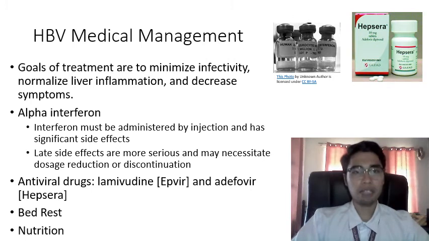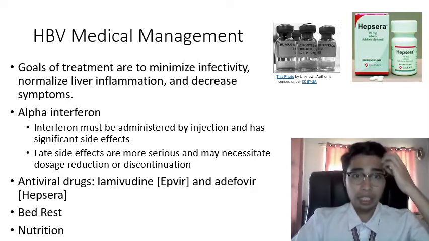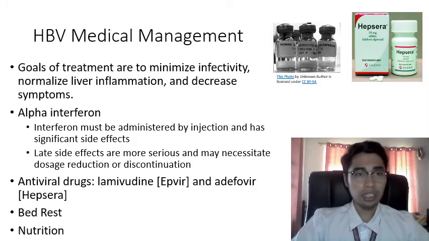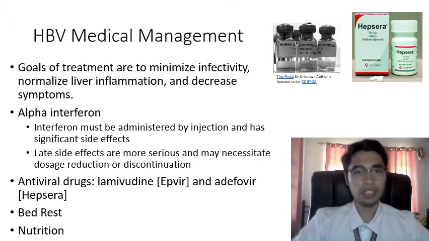Now, what is our medical management for those who have hepatitis B virus? Our goals of treatment are to minimize infectivity, normalize liver inflammation and decrease the symptoms. Because who would want to have full-blown symptoms, big suffering?